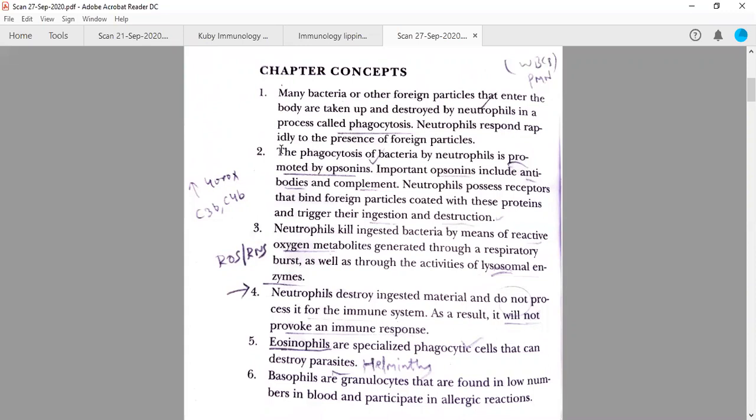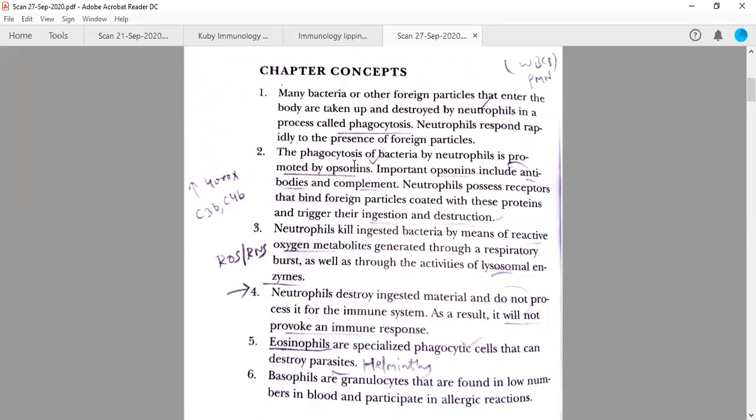So there is a requirement to coat the bacterial cell or microbial cell so that it can be engulfed or taken up by either neutrophils or macrophages by a process called phagocytosis.